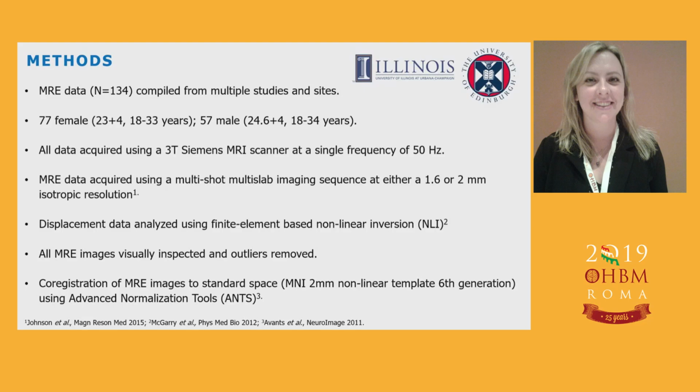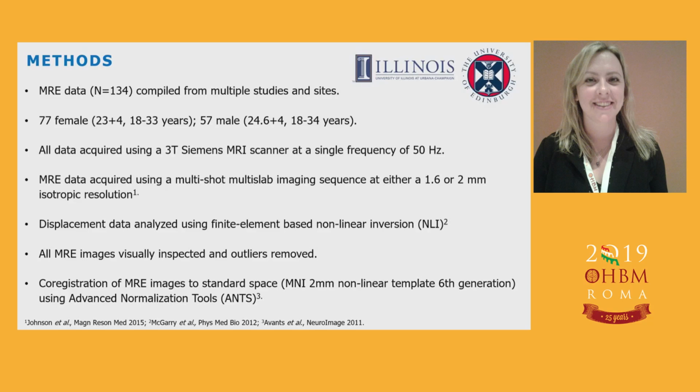Just to go through the methods that we used, we compiled data from multiple studies, and all this data was collected on a 3T Siemens scanner at 50 hertz. We used a multi-shot, multi-slab spiral imaging sequence, at either 1.6 or 2 millimeter resolution, and data was analysed with non-linear inversion.